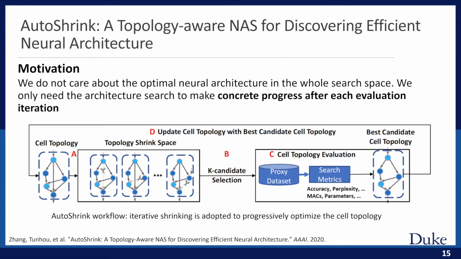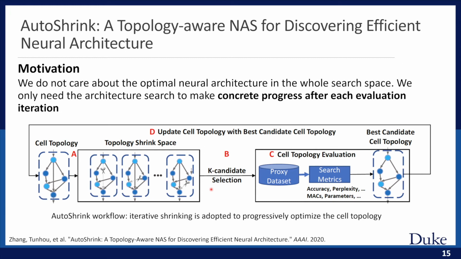Methodology-wise, we progressively shrink the search space and remove redundant edges to optimize the cell structure. So for a given cell topology, AutoShrink inherits topological knowledge from the previous architecture and then crafts a topology shrink space. As you can see over here, a K candidate selection strategy is adopted.